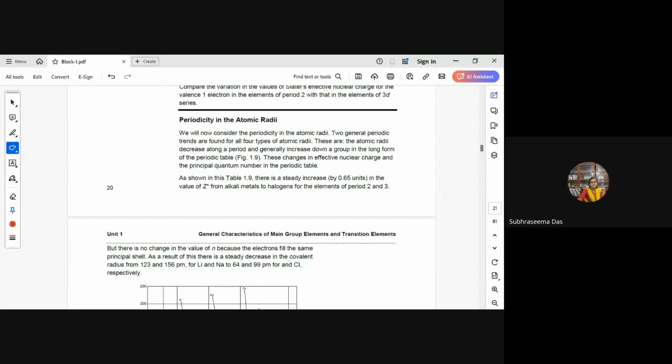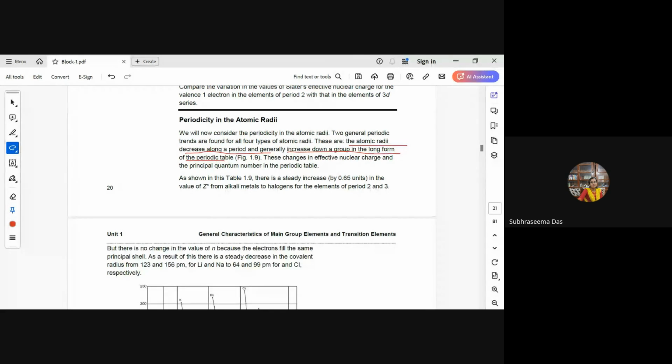We know that there are two factors which particularly influence the atomic radii. One is the principal quantum number and another is the effective nuclear charge. Now we'll look into the periodicity of the atomic radii. Two general periodic trends are found for all four types of atomic radii: the atomic radii decrease along a period and generally increase down the group in the periodic table.